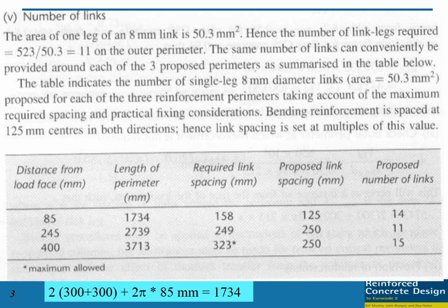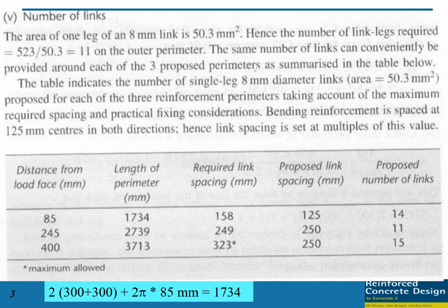Okay, so now we need to determine the number of links. So as you can see in this table, we have the 3 layers of reinforcement bar with the distances 85 from the face of the column, 245 and 400.